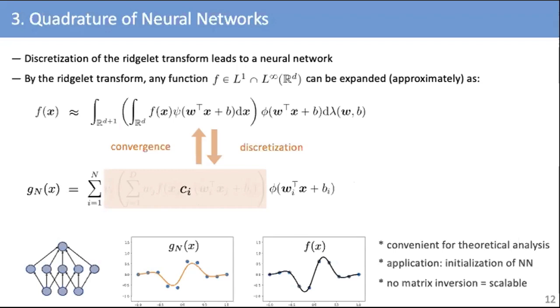So the basic idea is that if you discretize this Ridgelet transform of some function f, it automatically gives you a two-layer neural network. It is interesting that we can construct a neural network which approximates the target function f just by discretizing these two integrals. And this quadrature-based construction also ensures that the neural network G converges to the original function f in the limit of the summation, because it just comes from the discretization of the integral.